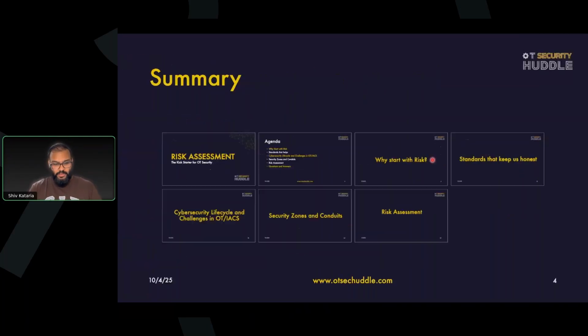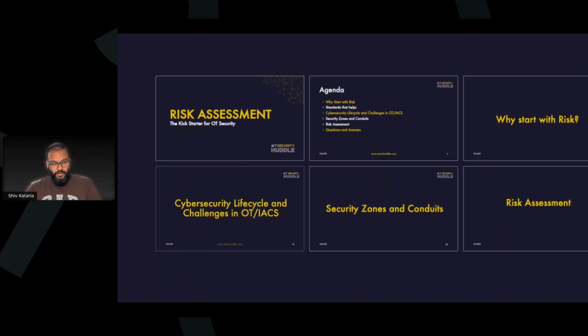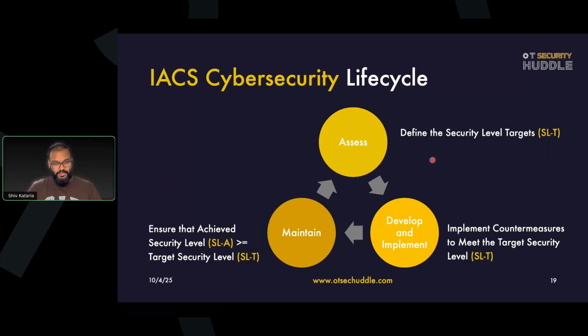So what does the life cycle look like? First, we always start with assessment, where we do risk assessment and identify what assets we want to protect. Our goal here is to define what kind of security we really want to implement in our infrastructure.